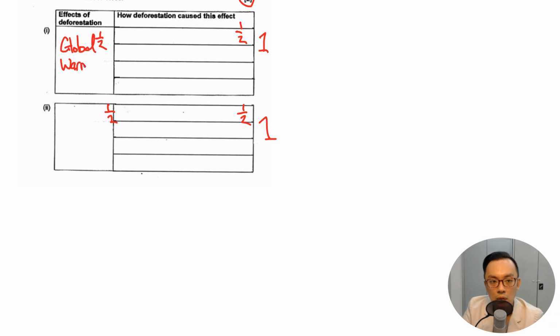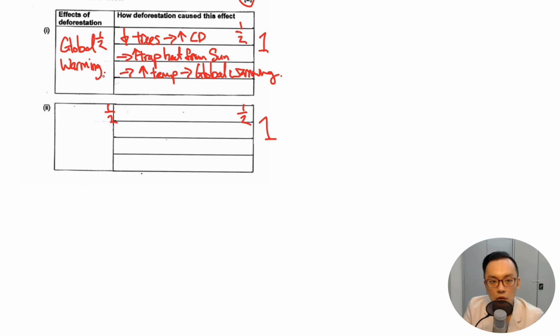global warming. Alright, so how does deforestation cause this effect? Fewer trees lead to an increase in carbon dioxide, which leads to an increase in trapping heat from the sun, which leads to an increase in temperature, also known as global warming.